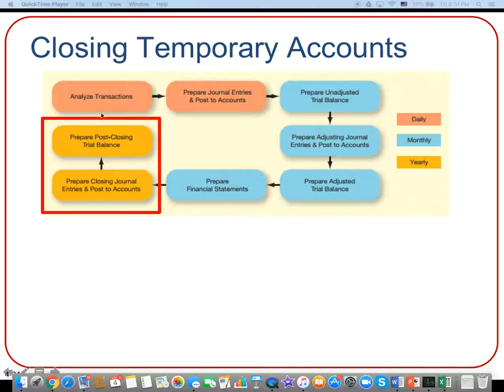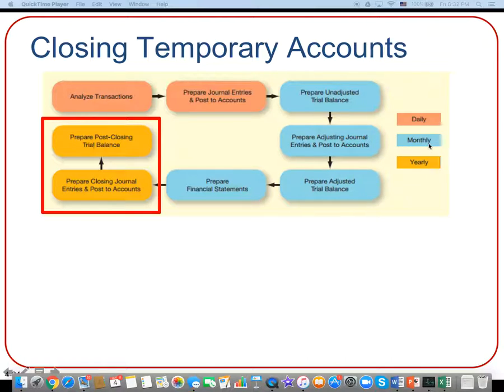So it starts again. You analyze the transactions. You prepare your journal entries and post to your accounts. Then you prepare your unadjusted trial balance. By analyzing the unadjusted trial balance, you prepare the adjusting journal entries, right?